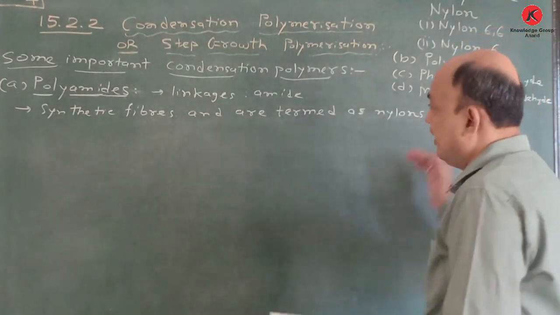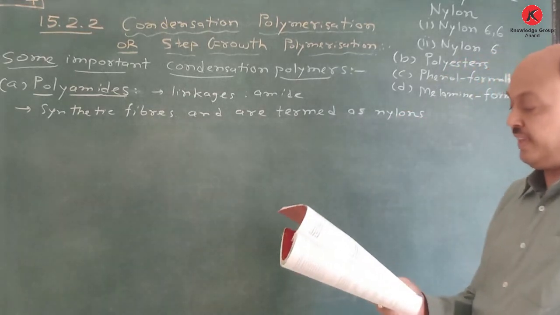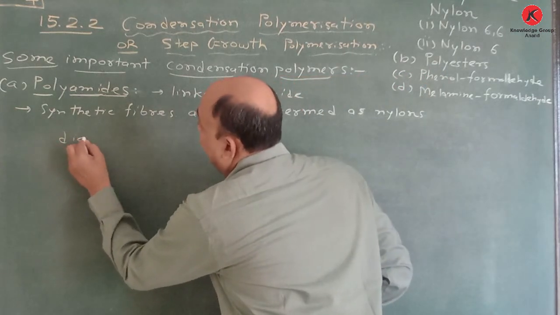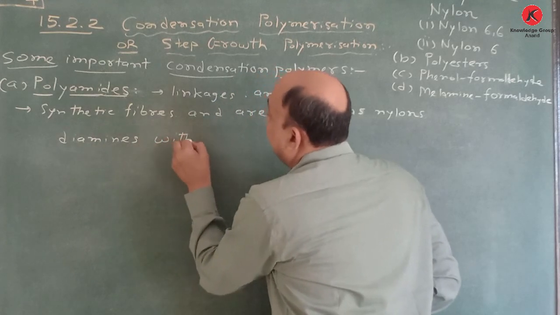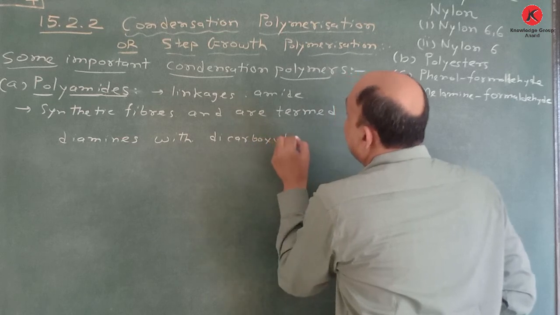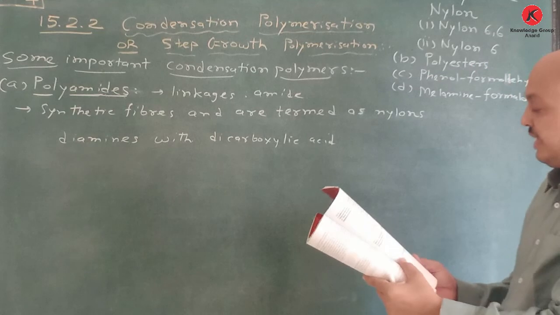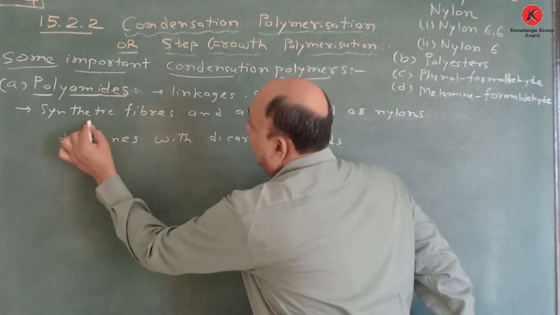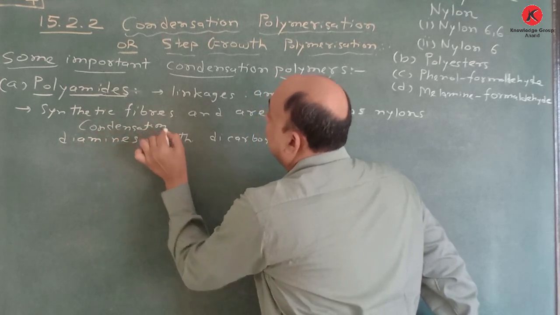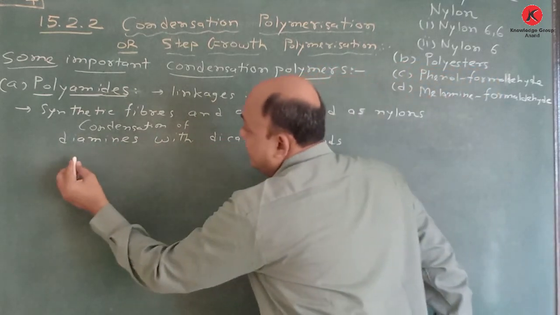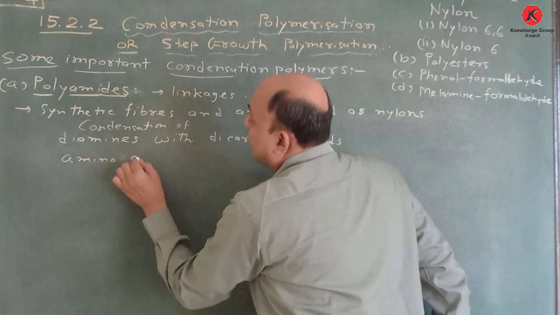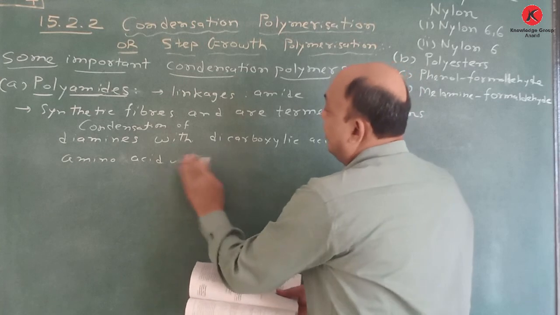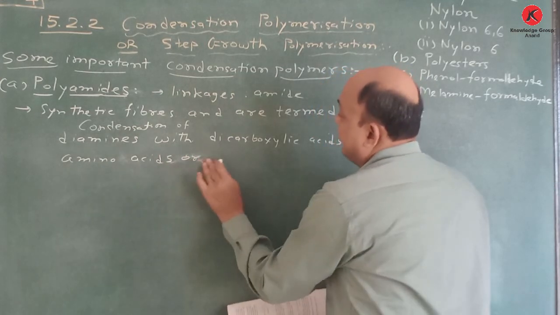Here, these particular synthetic fibers are termed as nylon, and the general method of preparation consists of condensation polymerization of diamines with dicarboxylic acids, or condensation of amino acids or of their lactams.